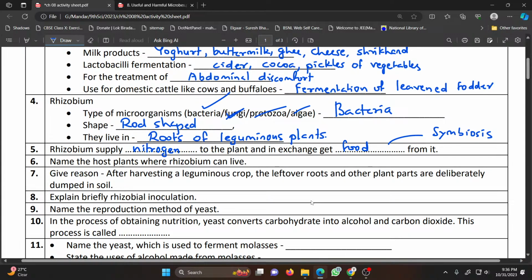Name the host plant where rhizobium can live. They live in leguminous plants like beans.